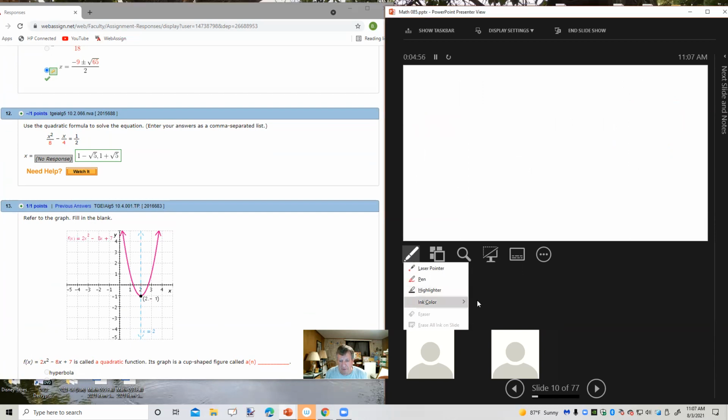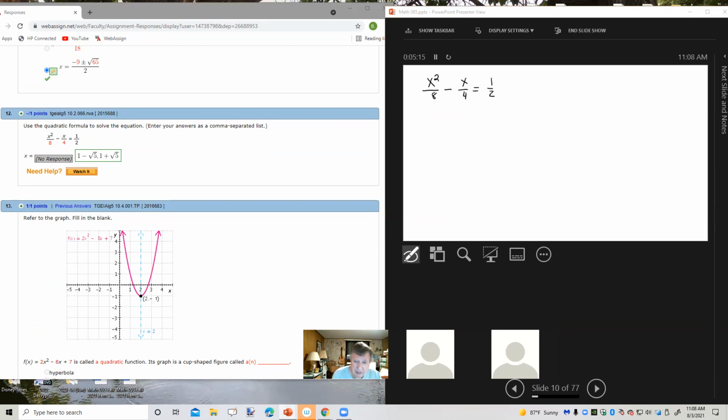Use the quadratic formula to solve the equation. So we've got x squared divided by 8 minus x divided by 4 equals 1/2. So I have an equation containing fractions. It would be easiest to clear the fractions by multiplying both sides of the equation by the least common denominator, which is 8. So I'm going to multiply the left side by 8 and the right side by 8.